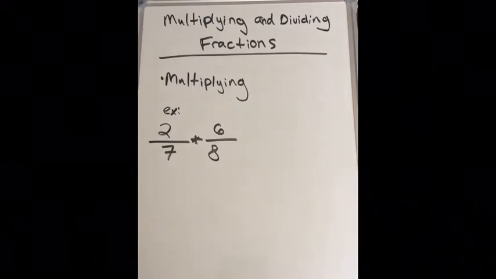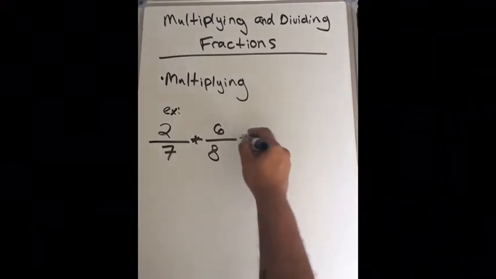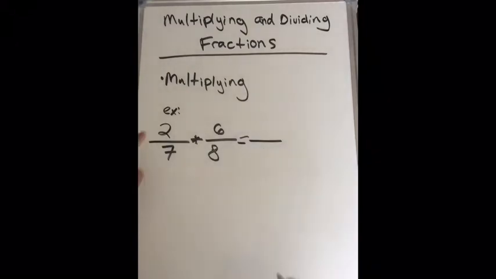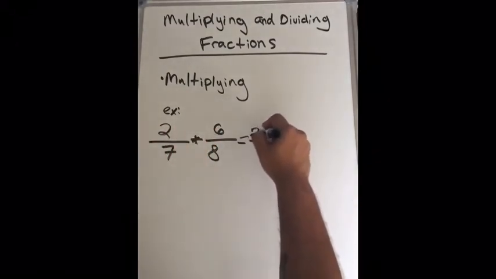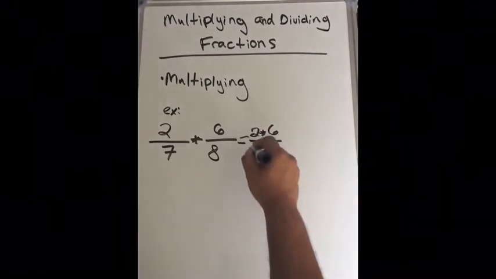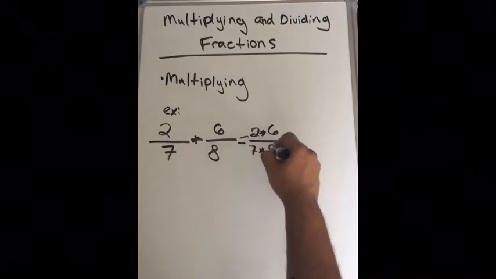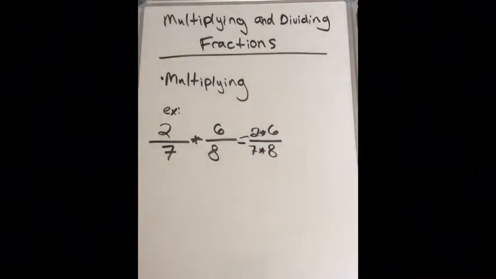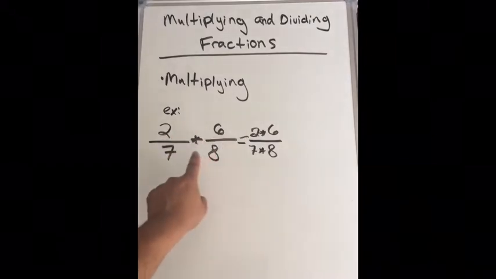With multiplying fractions, all we must do is multiply the two numerators and multiply the two denominators. That's what I mean by the traditional sense. All we're doing is multiplying across.